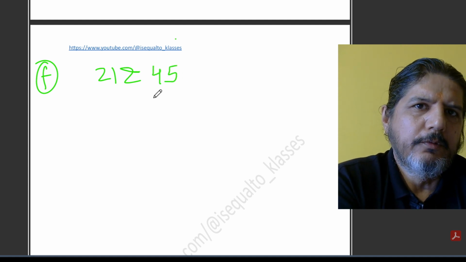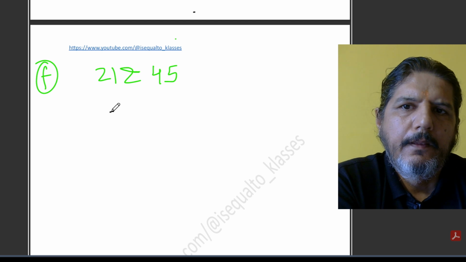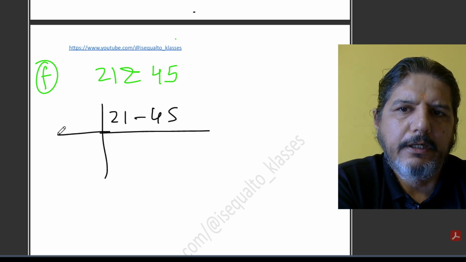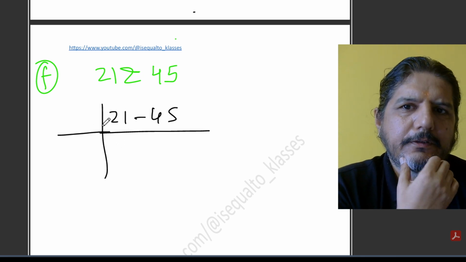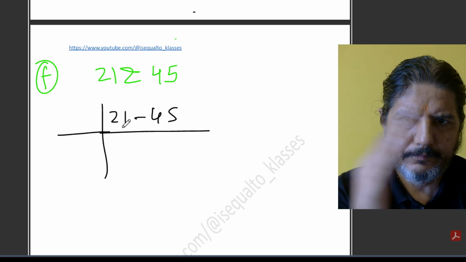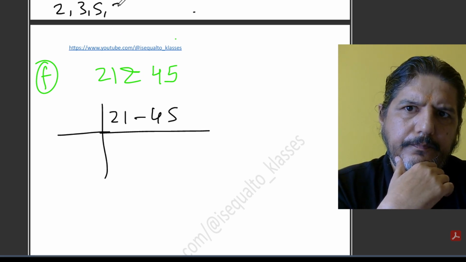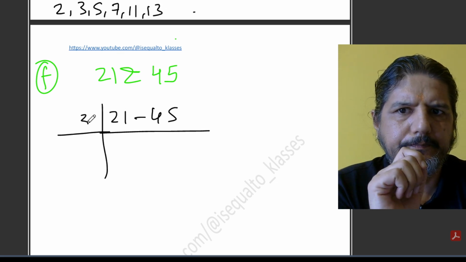Pause the video, try to do it on your own, and if you are not able to find it, then please look at the solution. So 21 and 45, I have separated them by a dash. Then I draw the vertical and horizontal lines. The first prime factor which divides both of them. The prime numbers that I have are 2, 3, 5, 7, 11, 13. So you have to start with the lowest. 2 doesn't divide 21 and 45. 3 does.